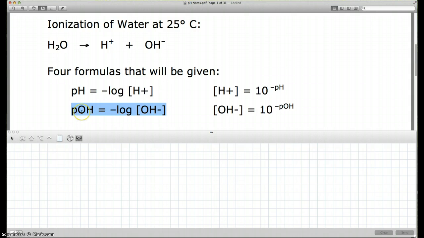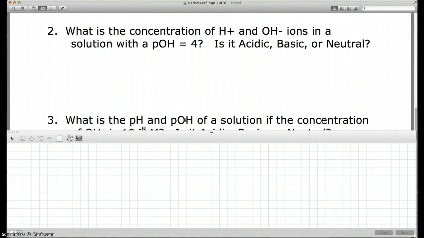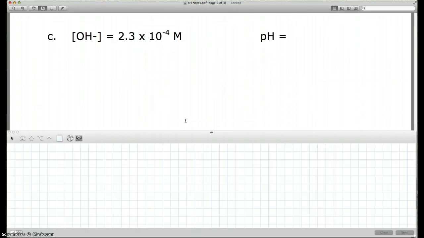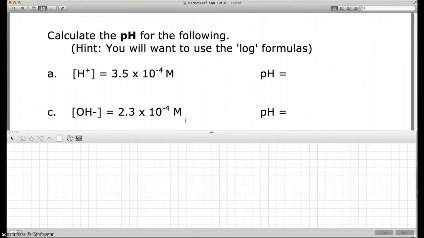And it just says the POH is equal to the negative log of the concentration of OH minus ions, or pH is equal to the negative log of H plus ion concentration. If we look at these examples, I'm looking for pH for both of these.